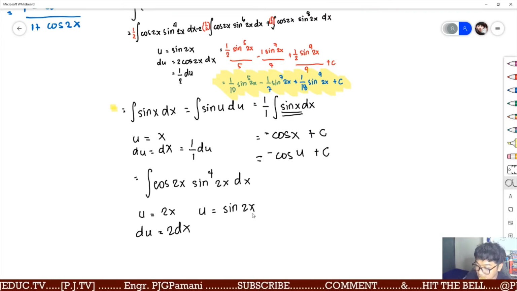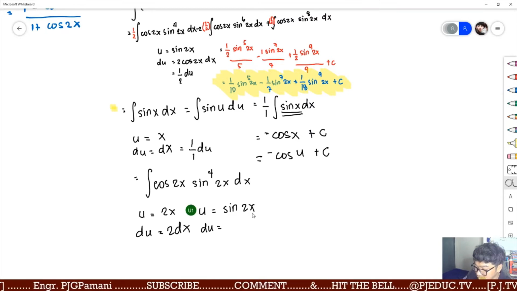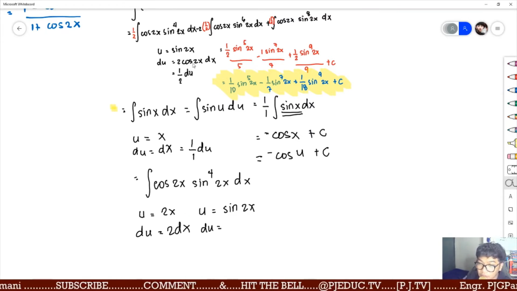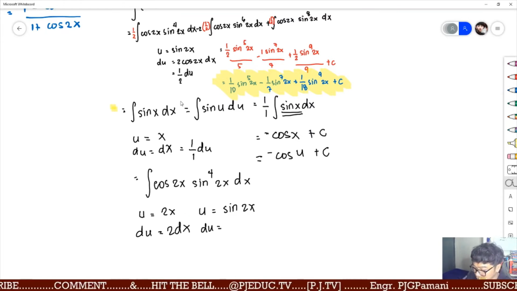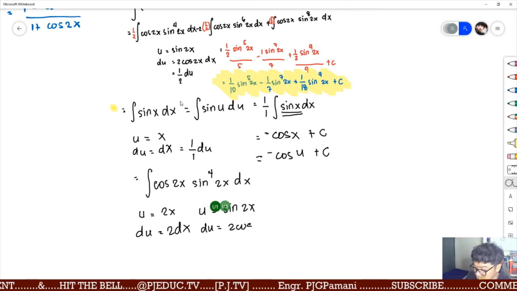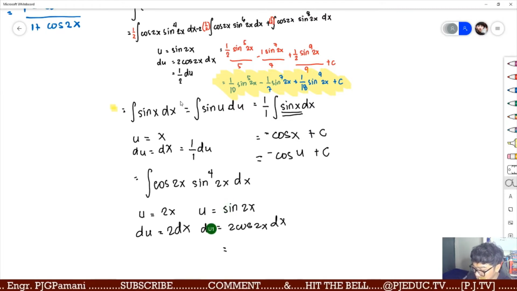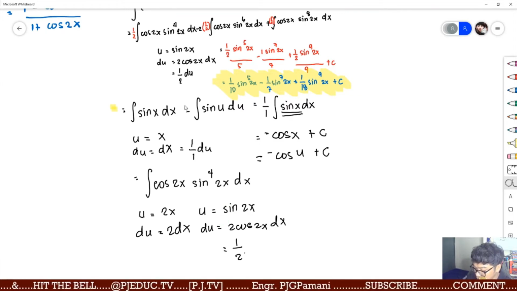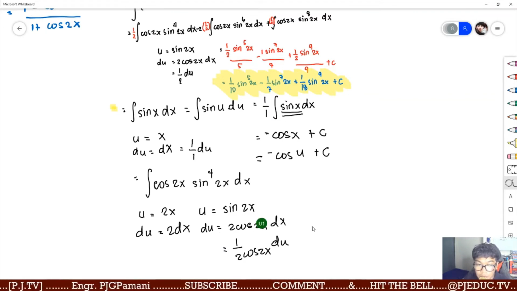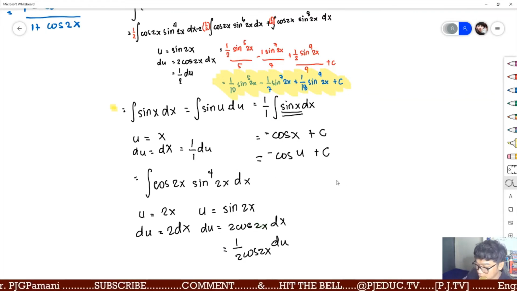Sine 2x is basically differential ni sine 2x. Remember your differential formula is 2 cosine 2x dx. Simplify natin yan. That is also, dx is also equal to 1 over 2 cosine 2x du. Diba? Substitute natin doon sa taas.